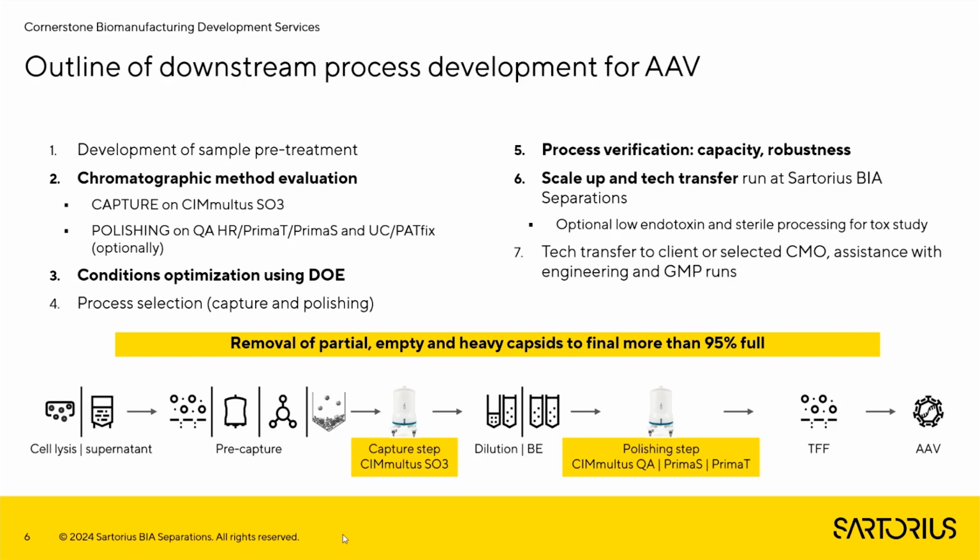Experiments at Sartorius BIA Separations are conducted on columns up to 80 milliliters to ensure that the process is fine-tuned and scaled up before it is handed over to the client or to a selected CDMO for full-scale production.